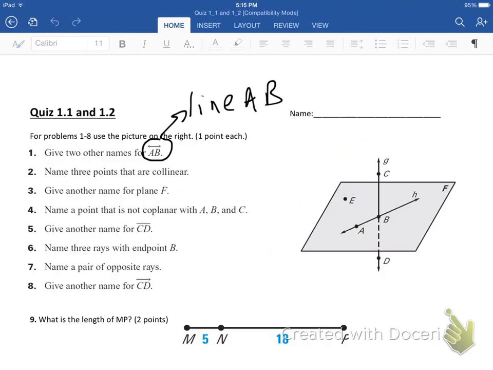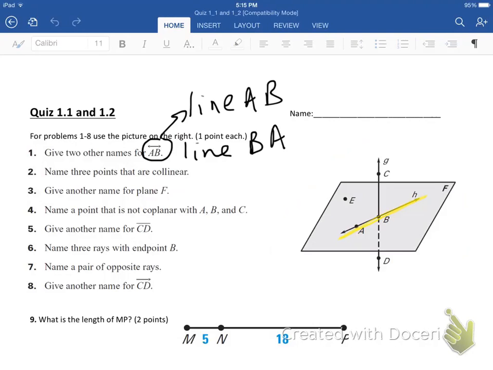That's how you read that. So that's one way you could write it. The other way is, so here's line AB right here. You can also write it in reverse. So another way to write it would be line BA. Say it in reverse. Okay, so there's 2 ways already.